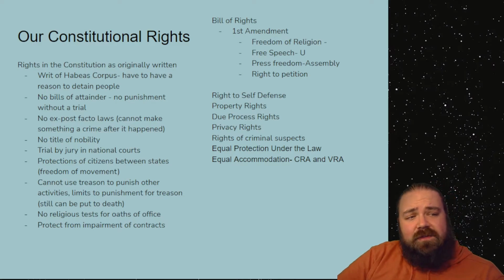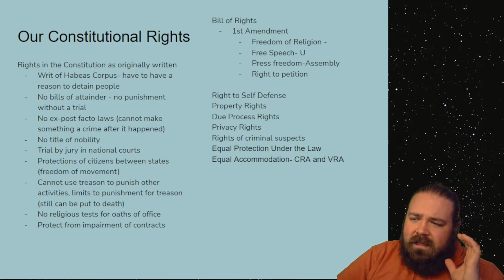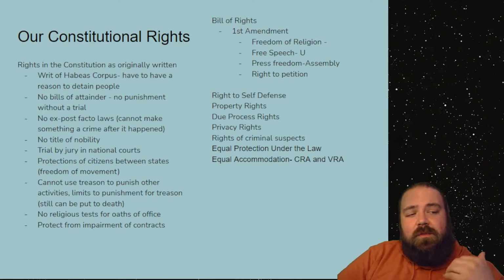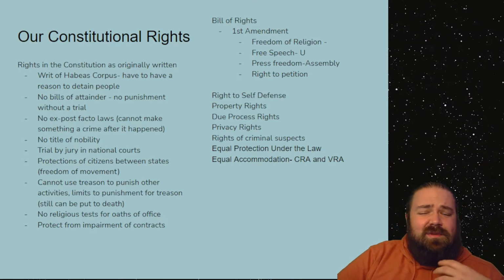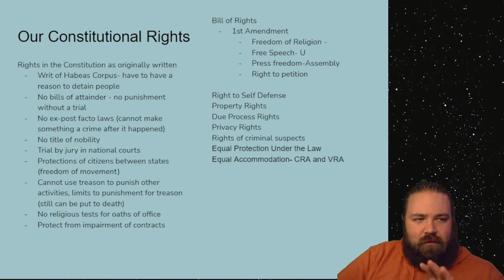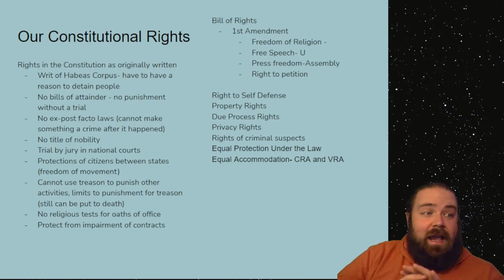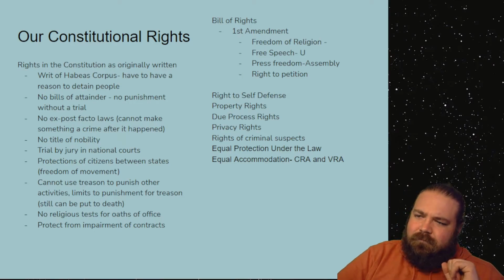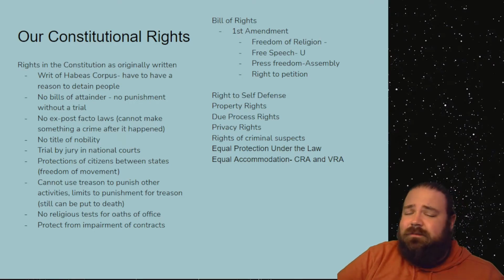The framers of the Constitution had a certain set of rights that they wanted to bake into the laws from the beginning, and there was a lot of view that there wasn't even a need for a Bill of Rights because the rights were covered in the Constitution and everything else was to be determined by the states. If it wasn't in the Constitution, then it automatically existed to the people.